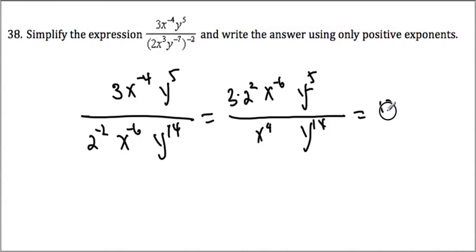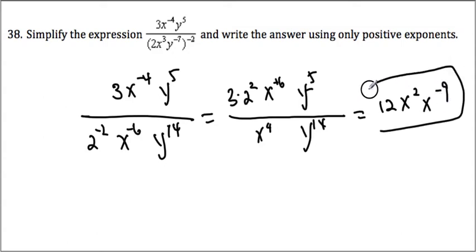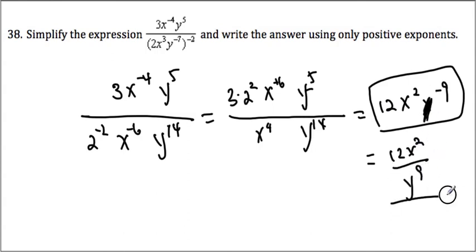Then here we get 12. This becomes positive, so 6 minus 4 becomes x squared, and here 5 minus 14 becomes y to the negative 9. Or 12x squared over y to the 9th power. That is our final answer.